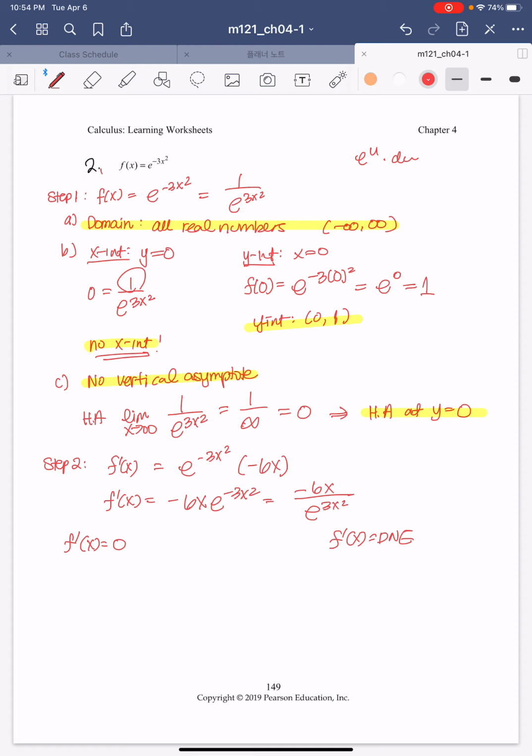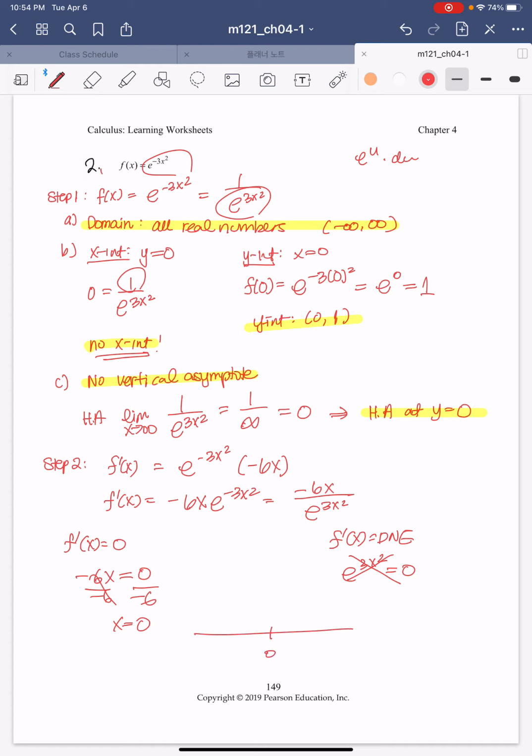The fraction is 0 when the numerator equals 0, so negative 6x equals 0, which means x equals 0. The fraction does not exist when the denominator equals 0, but we are never going to have an x value that gives a 0 there, so we do not have a critical value coming from this. So let's create a number line.